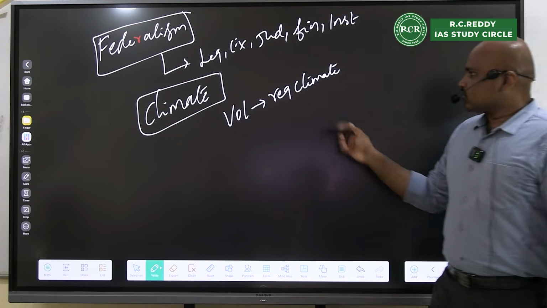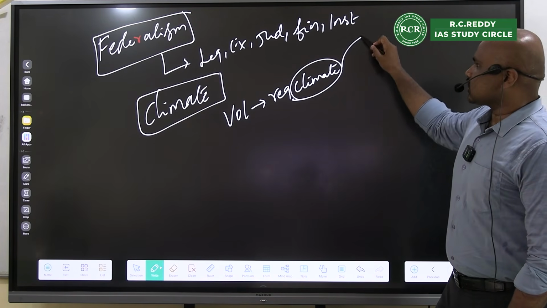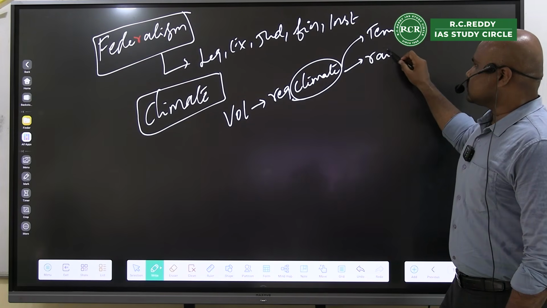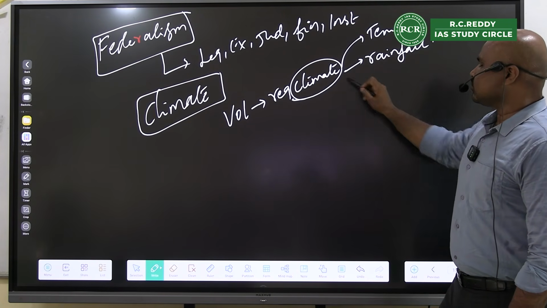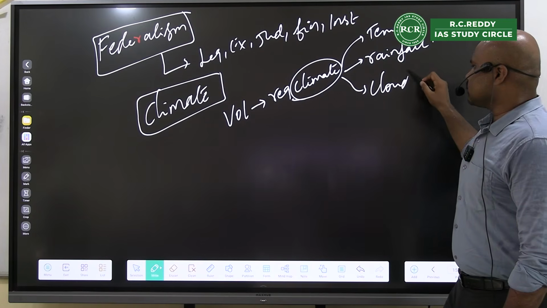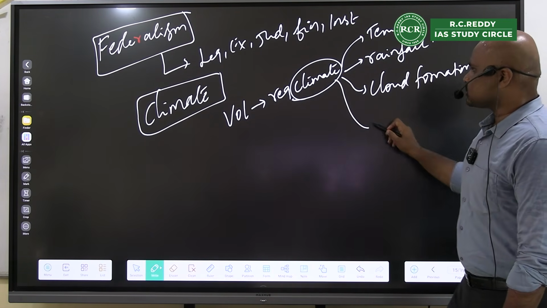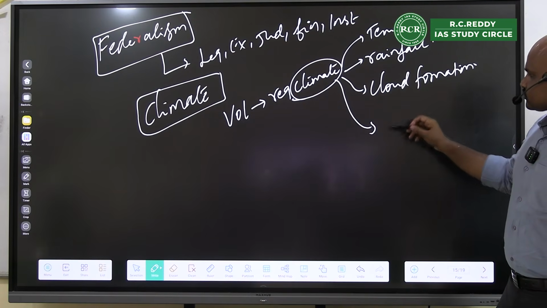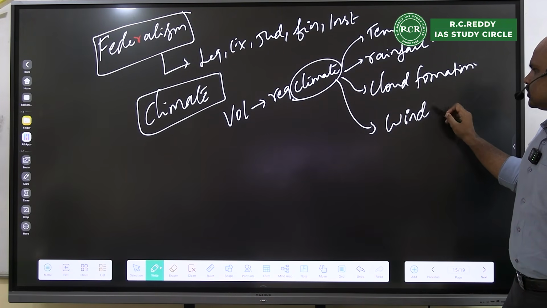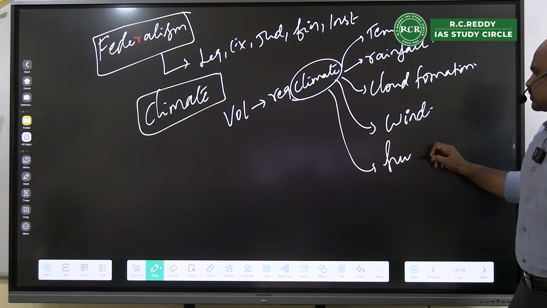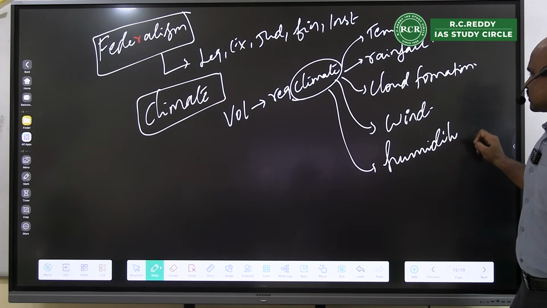But the components here are regional climate: what is the impact on temperature, on rainfall, on cloud formations, on the wind system, and on humidity.